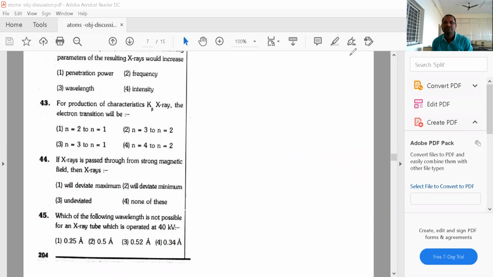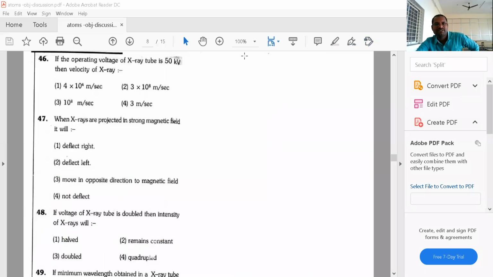Next, 45 is over. Next, question number 46. If the operating voltage of the X-ray tube is 50 kilovolts, then what is the velocity? These are X-rays. They are talking about X-rays. They will travel with the speed of light, 3 into 10 to the power 8 meters per second.